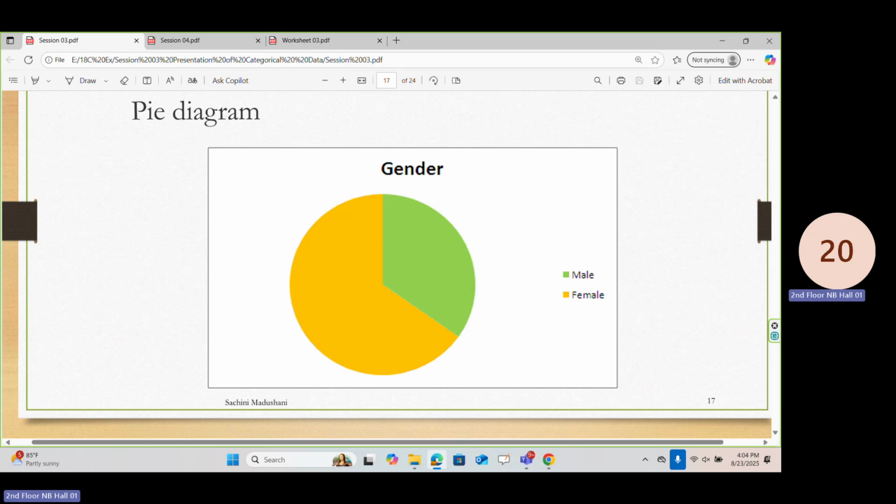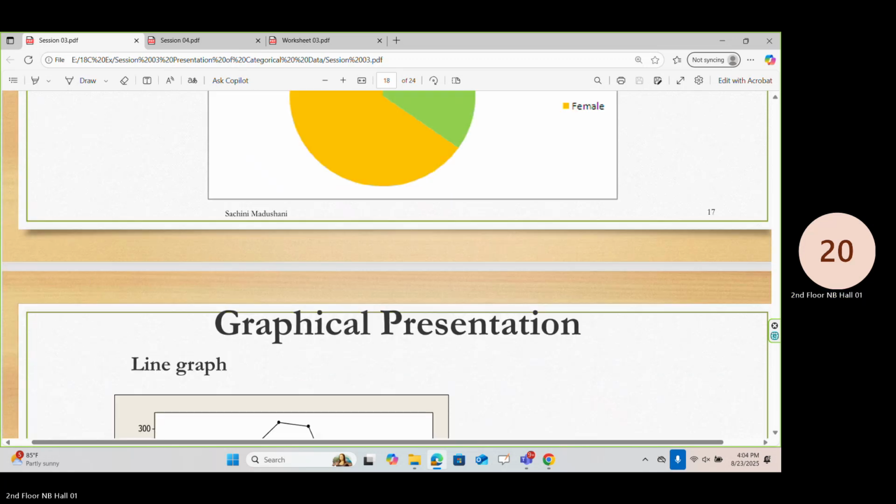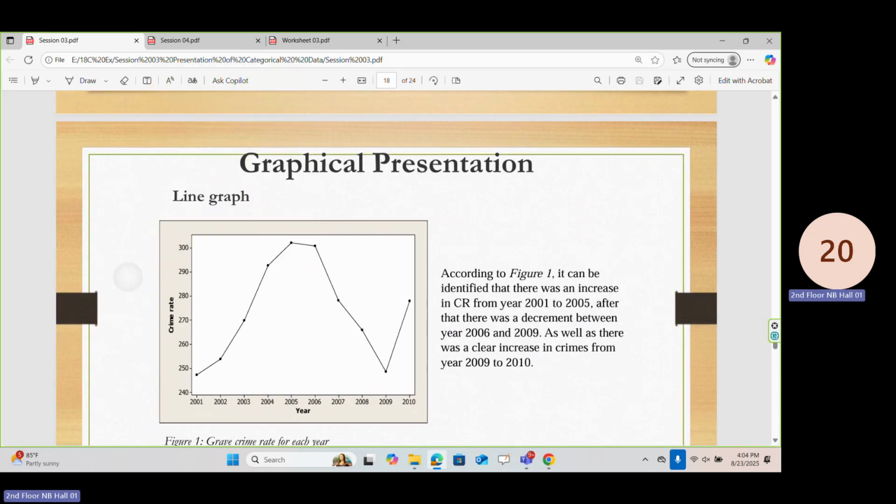Then the last diagram is, it's a new one, I think. Line chart, line graph. Okay. Then when we need to represent a time series data set, we use a line graph. Time series data.